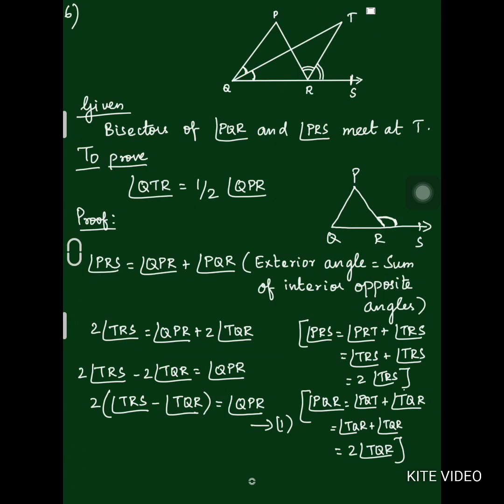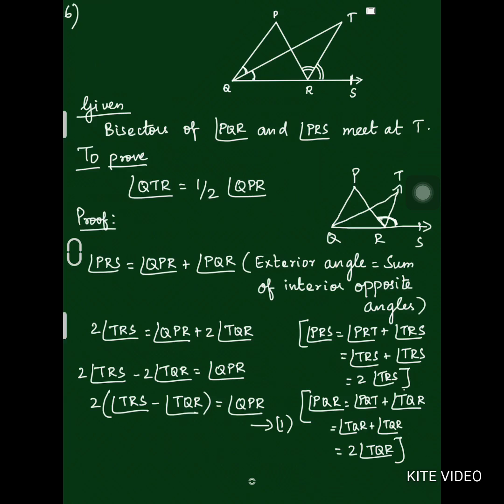Let me explain this again. For the triangle PQR, PRS is an exterior angle. You know exterior angle is equal to sum of interior opposite angles. So, PRS is equal to QPR plus PQR, and PRS is bisected by RT. So, PRT and TRS are equal, so PRS I am writing as 2 times TRS.